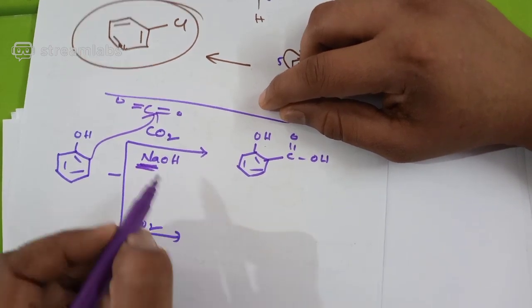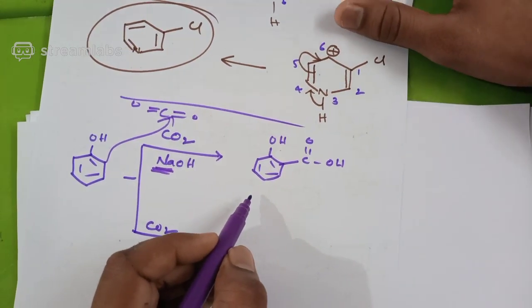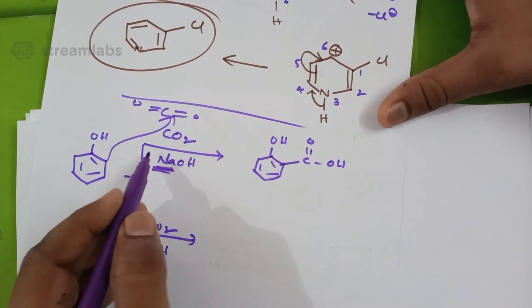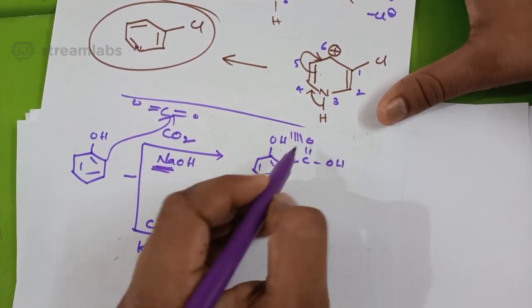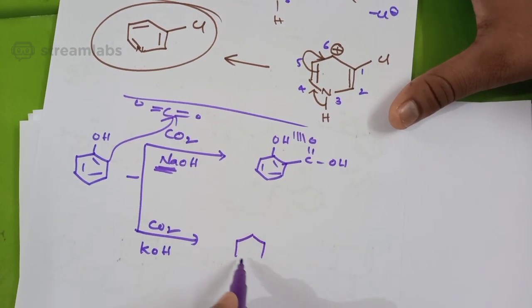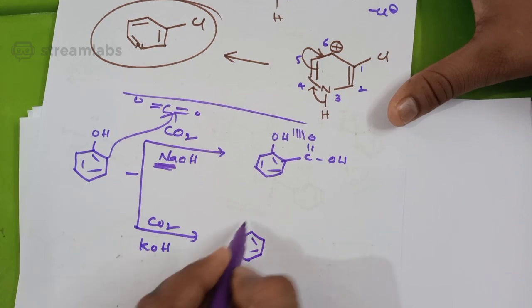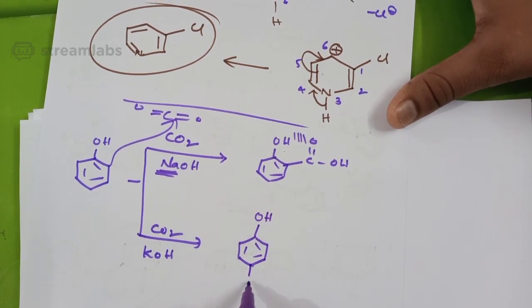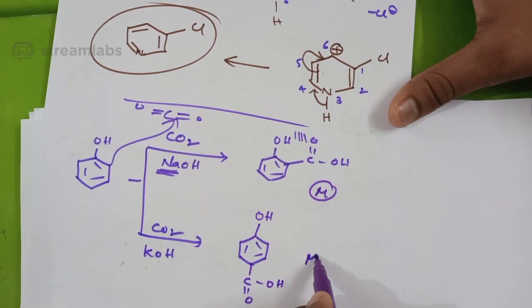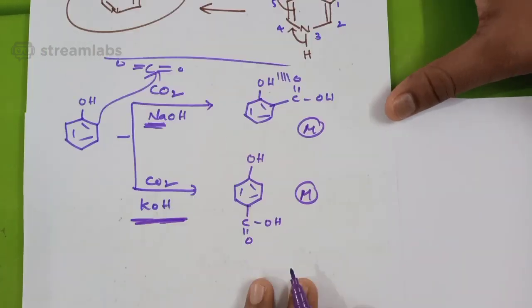But here sodium ion is there. See, the sodium is small in size, so an ortho 6-membered ring is formed, and this is more stable with hydrogen bonding. But if I use potassium, then the final answer is phenol as usual, and the para position is the major product. In this case the major product is para, because of potassium hydroxide.